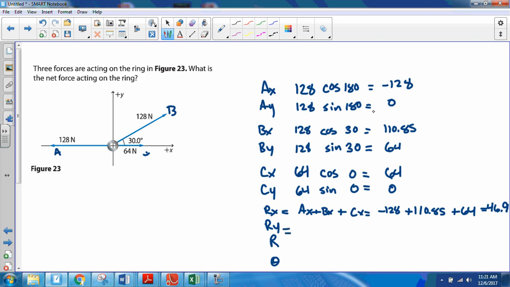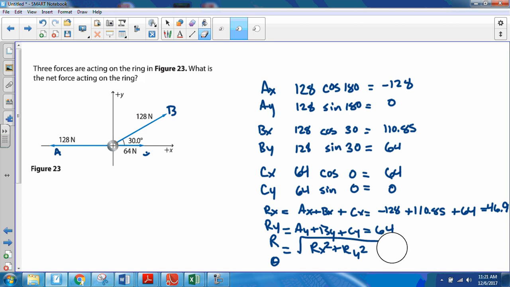Ry, we got 0 plus 64 plus 0, which is 64. That was AY plus BY plus CY. How do I get R? Pythagorean theorem. R is going to be the square root of Rx squared plus Ry squared.